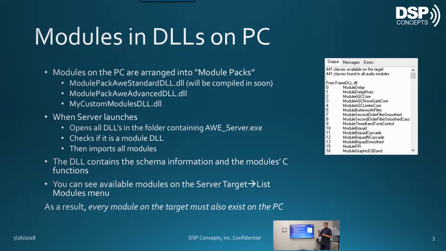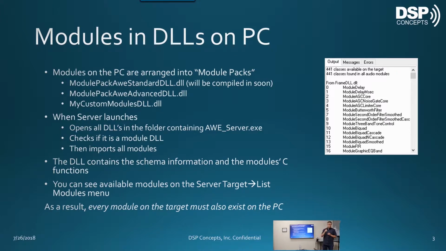And then the server opens each of the DLL files, examines it, and says, hey, are there modules in here that I can use? And if so, it reads the information and imports all the information about those modules into the server.